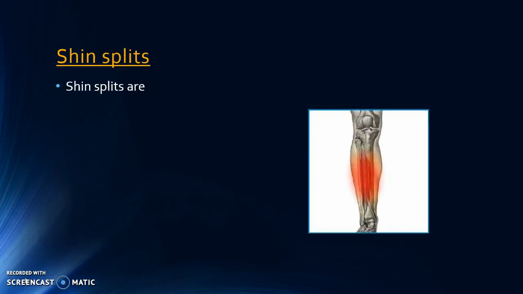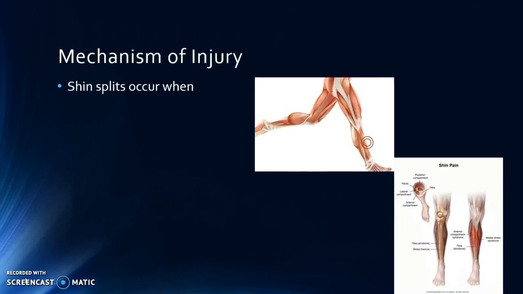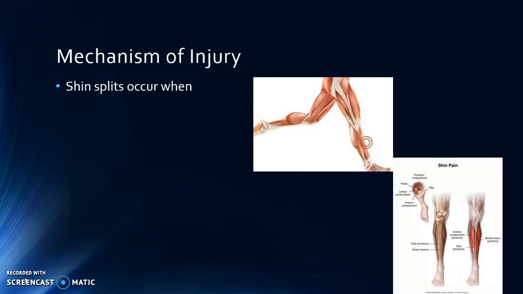Shin splints. Shin splints are an impact injury caused by the pressure that is placed on the leg when the athletes are running, based on the terrain that they are running on. Shin splints occur when the pressure on the leg, especially an unaccustomed or extreme impact, occurs.